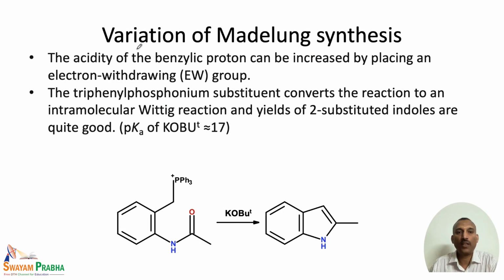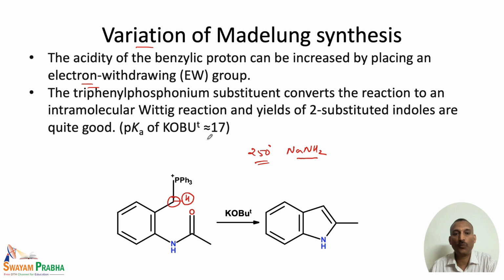There are also some variations of the Madelung synthesis, because the temperature we have seen was around 250 to 270 degrees centigrade, with 2 equivalents of a strong base like sodamide. So, this is a very drastic condition. People have modified this by introducing some additional groups. For example, introduction of an electron withdrawing group on this benzylic carbon increases the acidity of this particular proton. Once the acidity of the proton is increased, we can use a weaker or milder base.